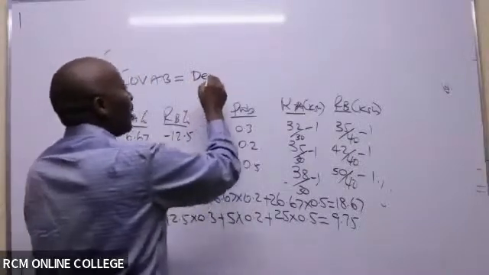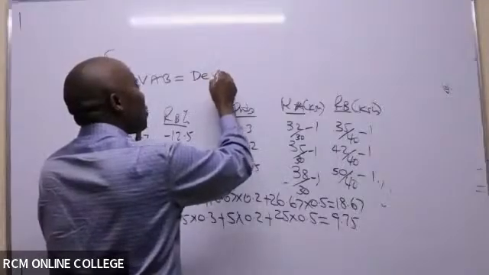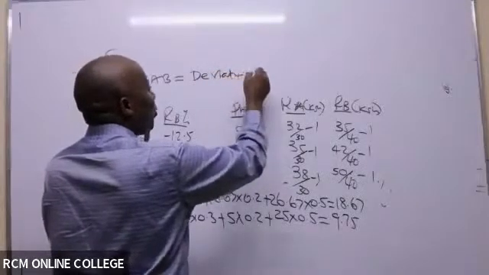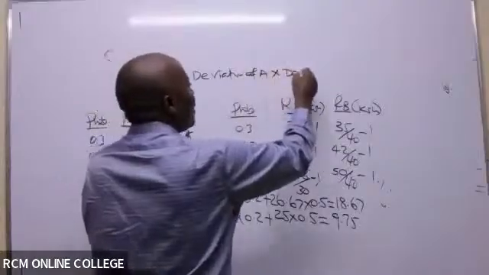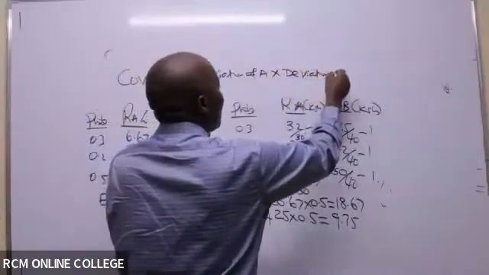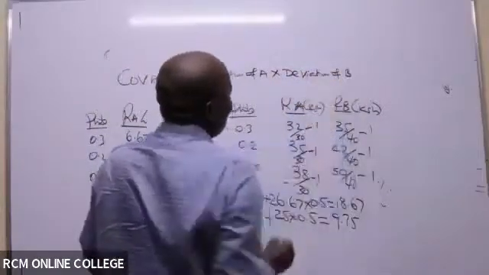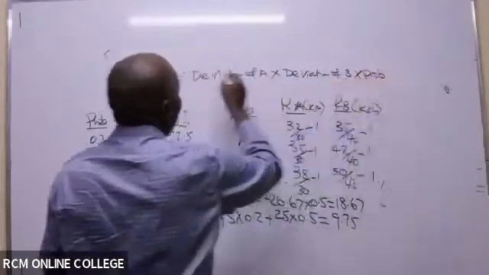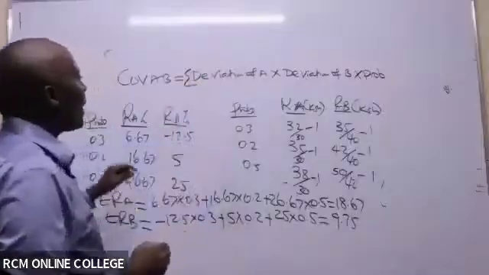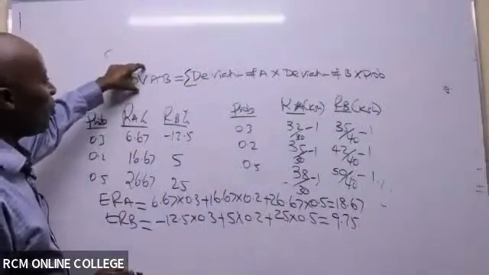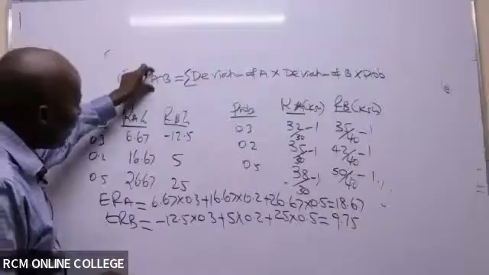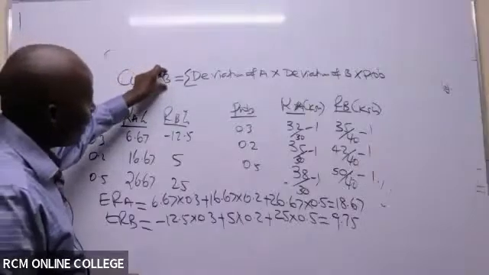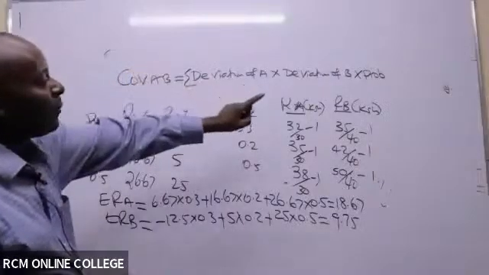So in this case you take the deviation of A times the deviation of B. And then you multiply with what here? With probability, and then you add. So anytime we talk of covariance of A and B, you take the deviation of A times the deviation of B times the probability.